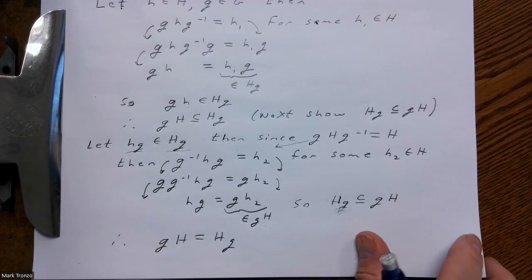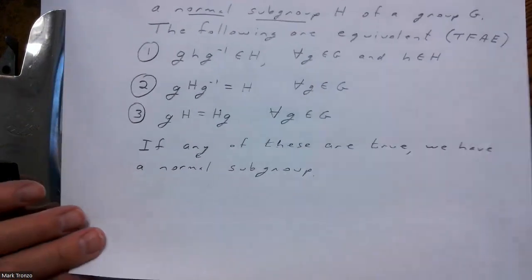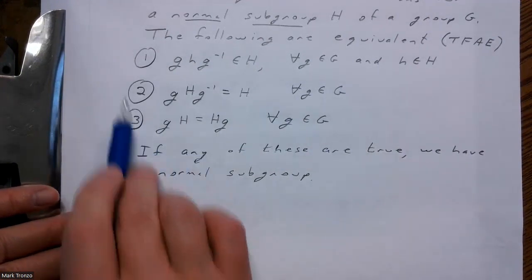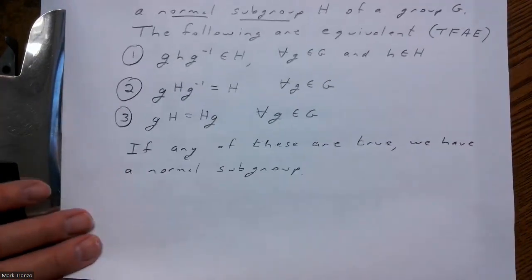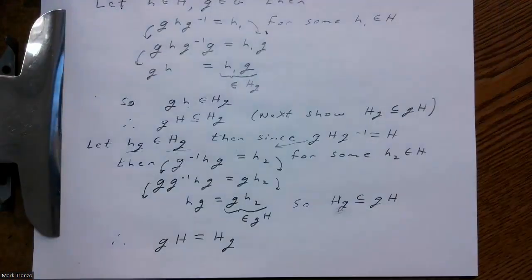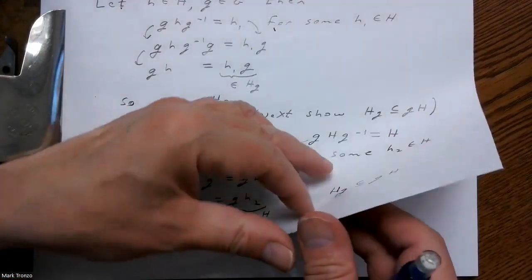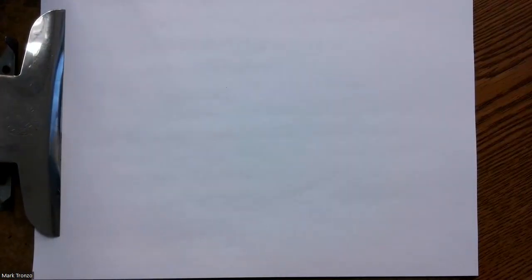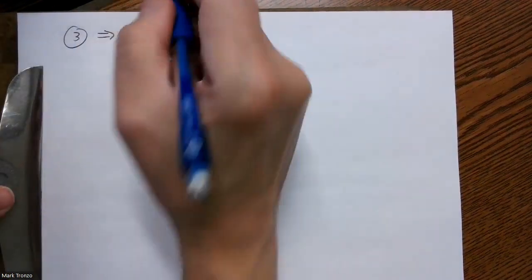So finally, the last one, we're going to assume that 3 is true and prove that if 3 is true, 1 has got to be true. Then we will have completed the cycle. So this time we're going to assume 3 is true, prove that implies 1.